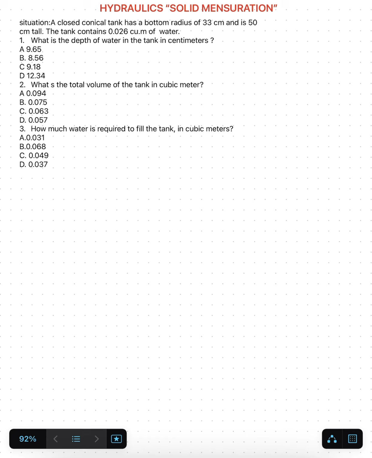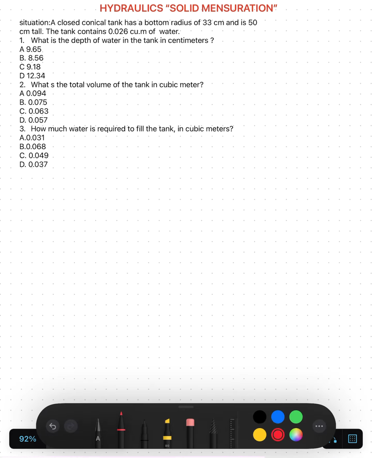Before we proceed, we will first illustrate the problem. The problem states that it is a conical tank that has a bottom radius of 33 centimeters. So that is like this. Its radius is 33 centimeters and its height is 50 centimeters.